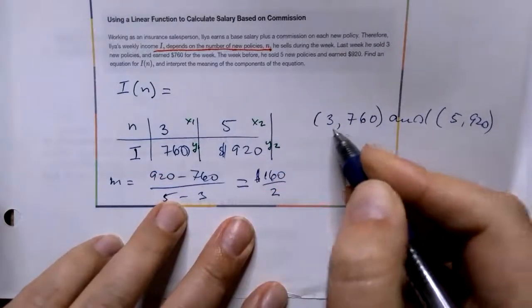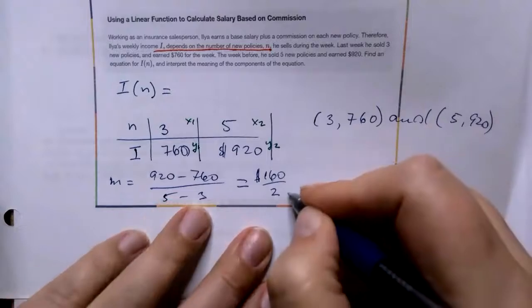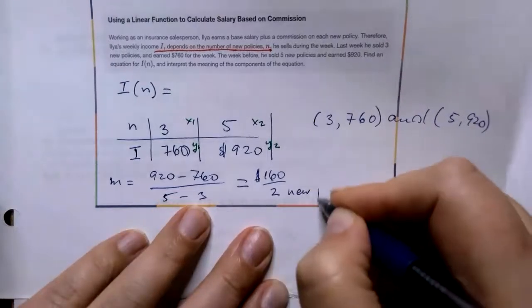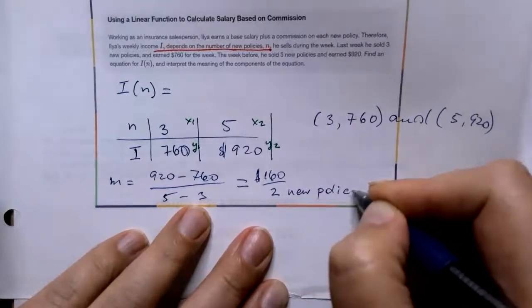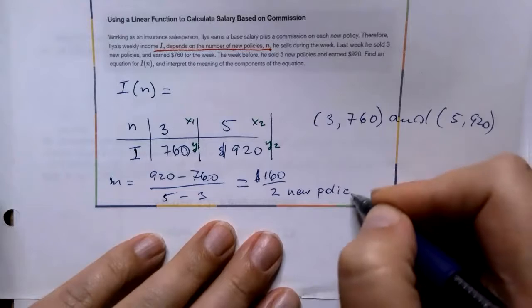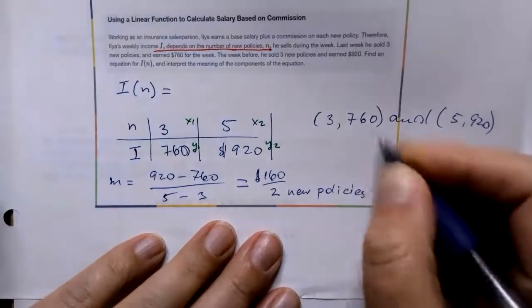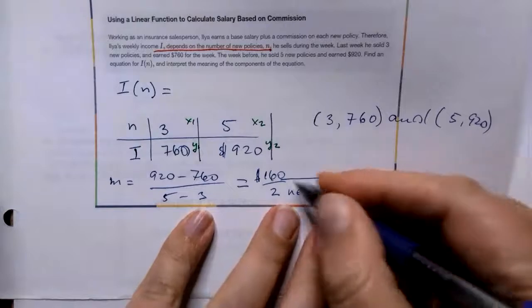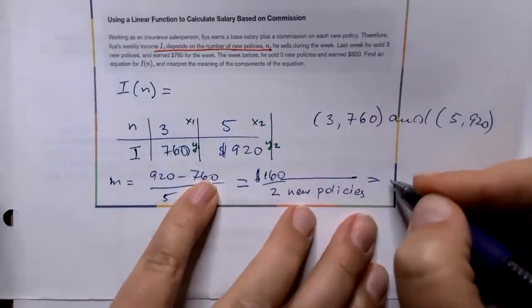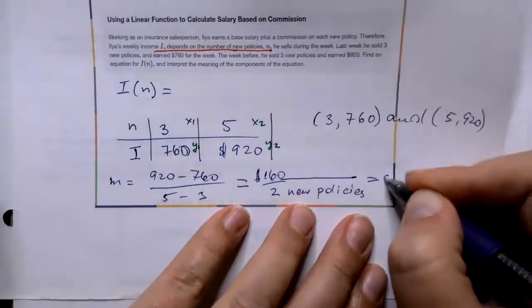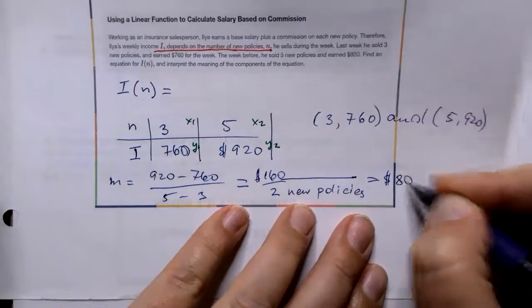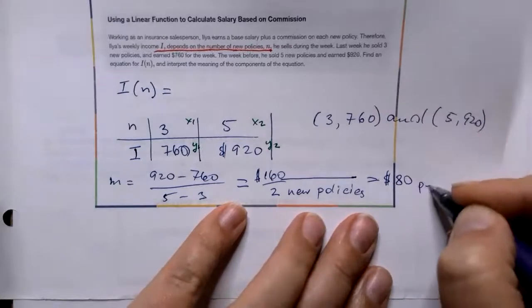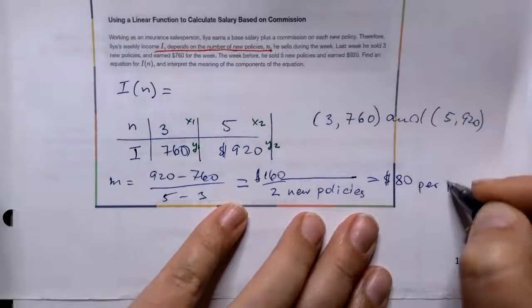And on the bottom, the x values, they're new policies. So here we actually have the rate that he's paid per new policy. If we go ahead and divide it out, he's getting paid $80 per policy.